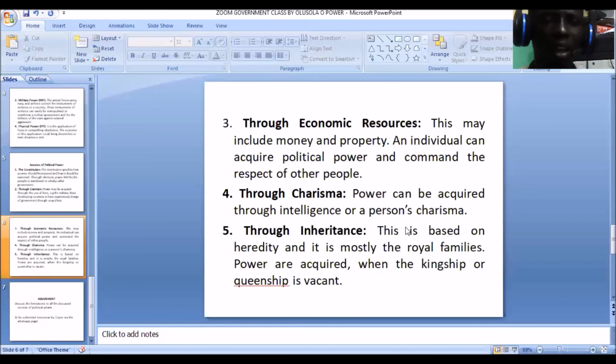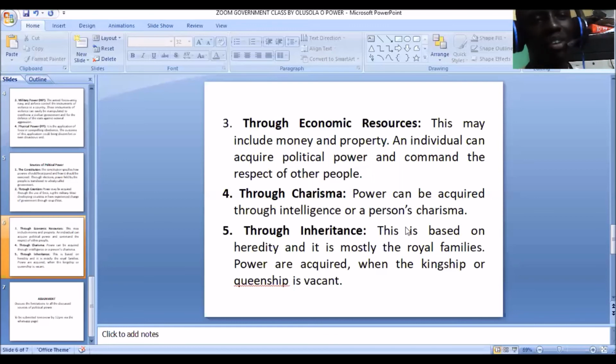Through charisma, this power is attained by, or given to, people that have special skills or a special level of intelligence in them. Charismatic power can be attained through intelligence or personal character or characteristics. That is charisma.